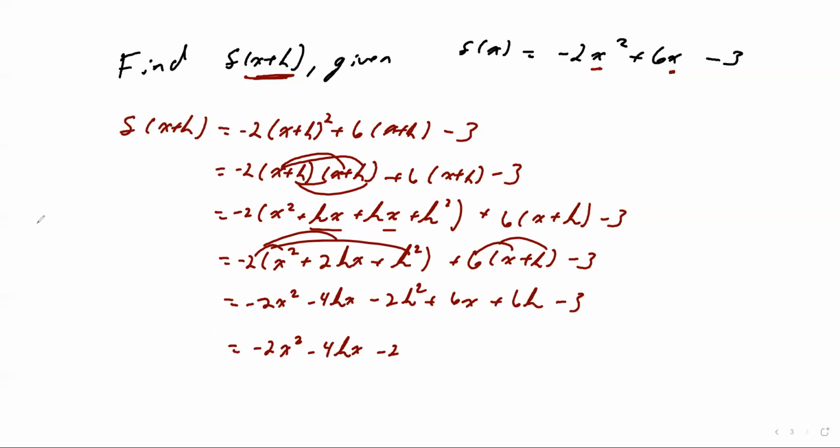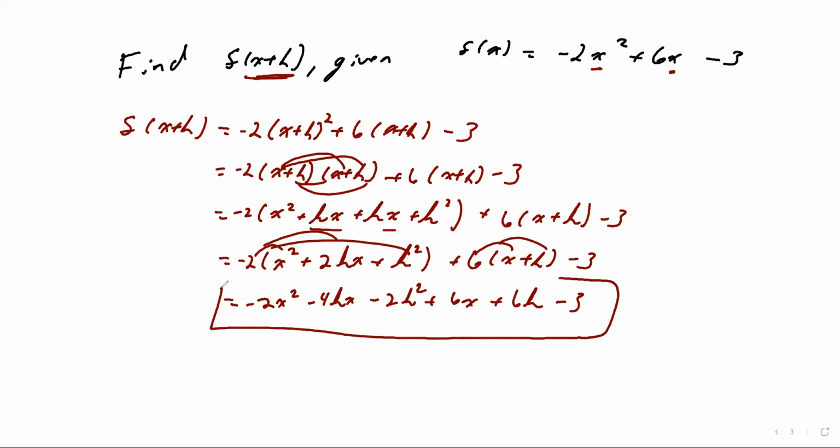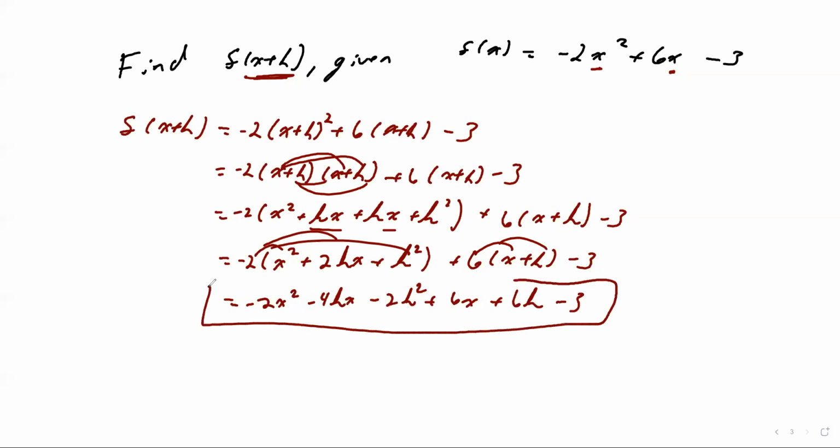Because as I'm trying to combine like terms, I'm starting to realize there are no like terms. So this would be our answer. And again, you would combine like terms if you could. In this case, there's nothing to combine with.